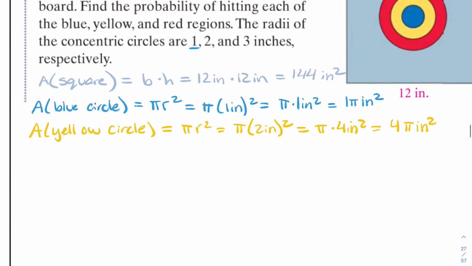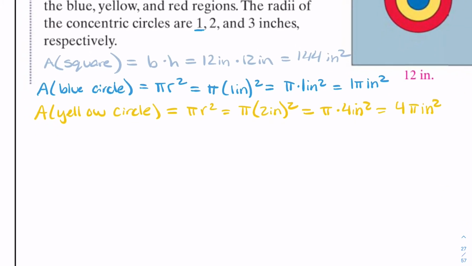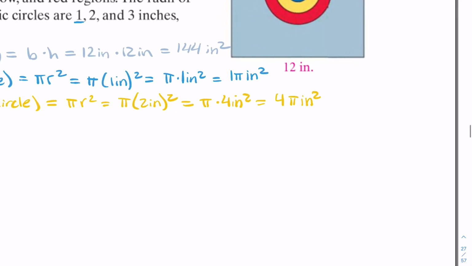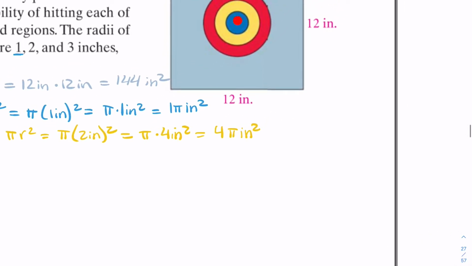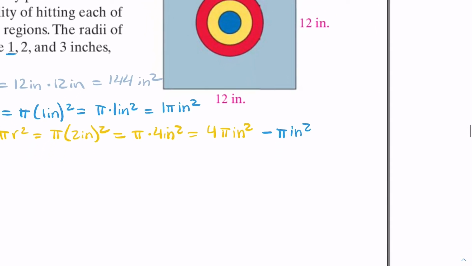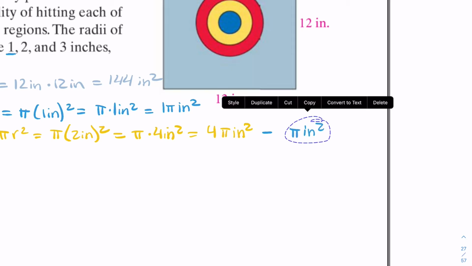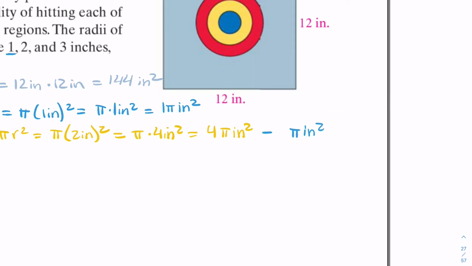But then don't forget, I have to also take away this blue area that I found earlier. So I'm going to take away minus 1 pi inches squared.